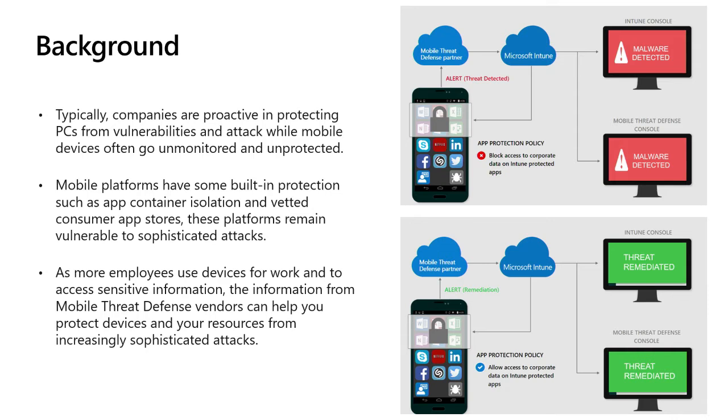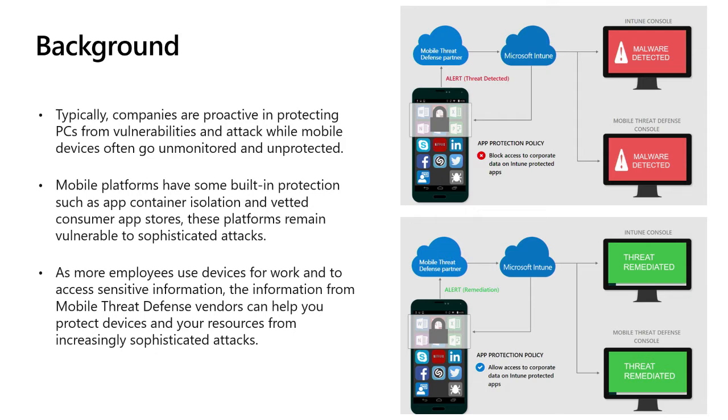So at the top, you have a device that has been targeted with app protection policies for a corporate user, and that device has been detected as having some sort of threat by your chosen mobile threat defense vendor.